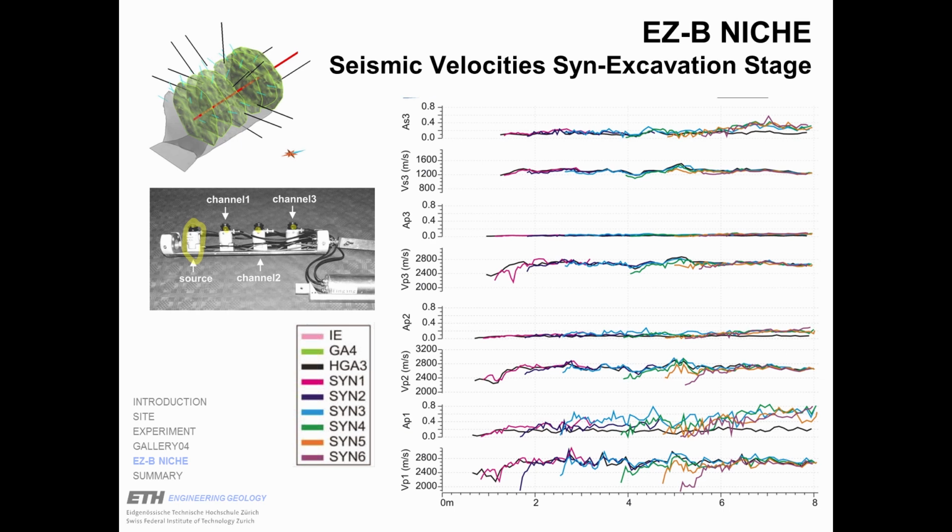When we look, for example, at the compressional wave velocity calculated from the signal arriving at channel 1, we have a signal that characterizes only the very near surface around the borehole. If we look at channel 2, we have a signal that penetrated deeper into the formation, and we have an even deeper signal when we look at the response from channel 3.